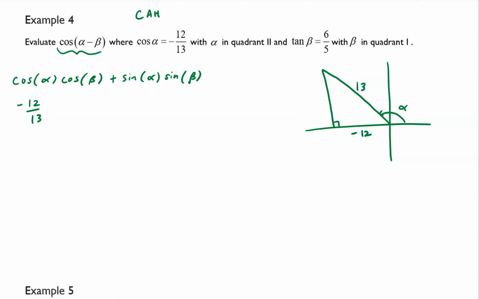And now we want to figure out, I'll just call that y. And so I'm going to use the Pythagorean theorem to figure out what y is. So we have y squared plus negative 12 squared is equal to 13 squared.